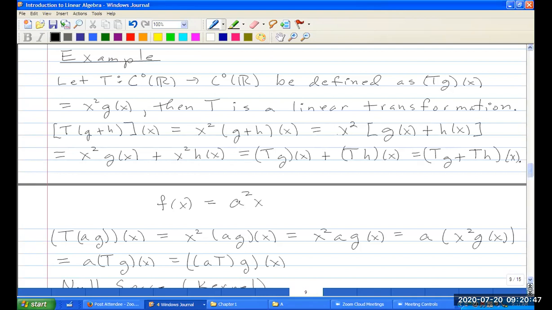I define my function as Tg at x is x squared g of x. It's a definition of what the function is. Okay.